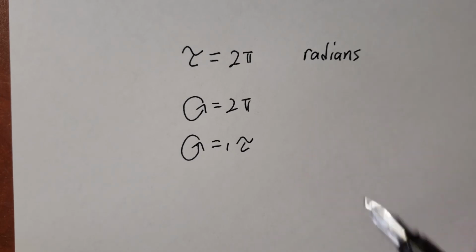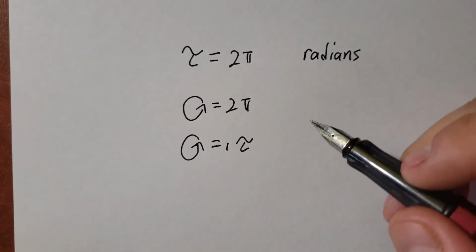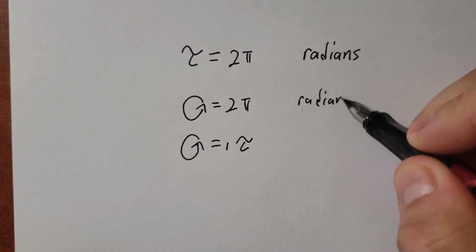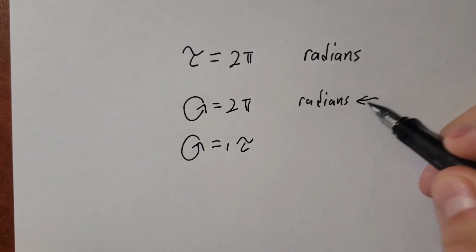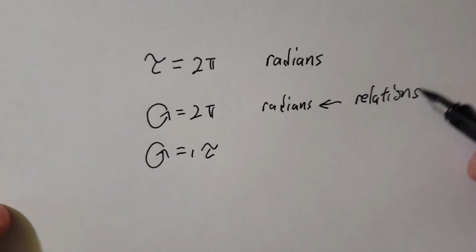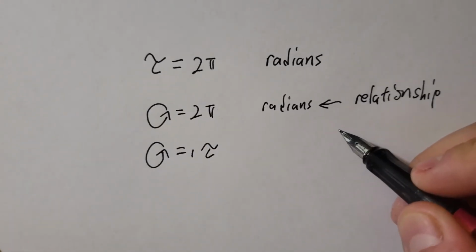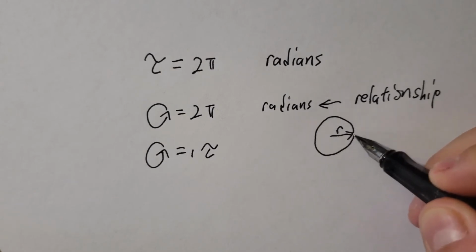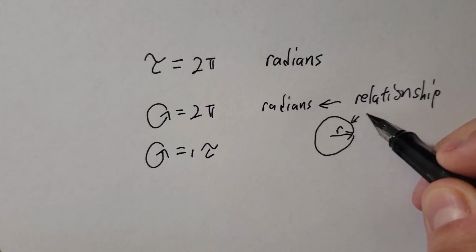Now, part of why, especially in a lot of scientific uses, radians is a lot more common is because it is an actual relationship between a measured r and a measurable c.